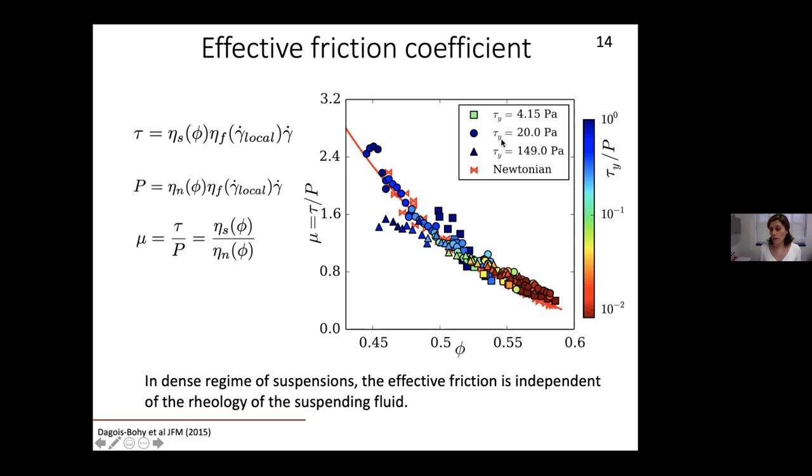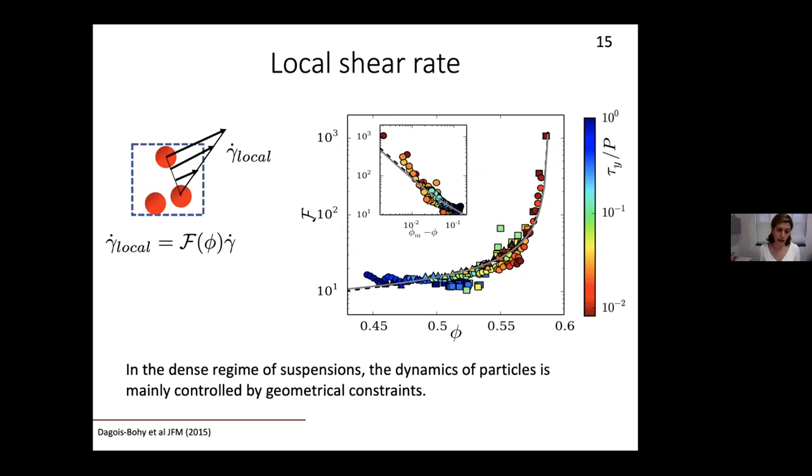For different types of suspending fluid, this friction coefficient does not depend on the type of suspending fluid, but mainly on the geometrical constraint that we have in the system. So that's the first hypothesis that we have verified. The second is: am I allowed to link the local shear rate to the average shear rate by a function that just depends on geometry?